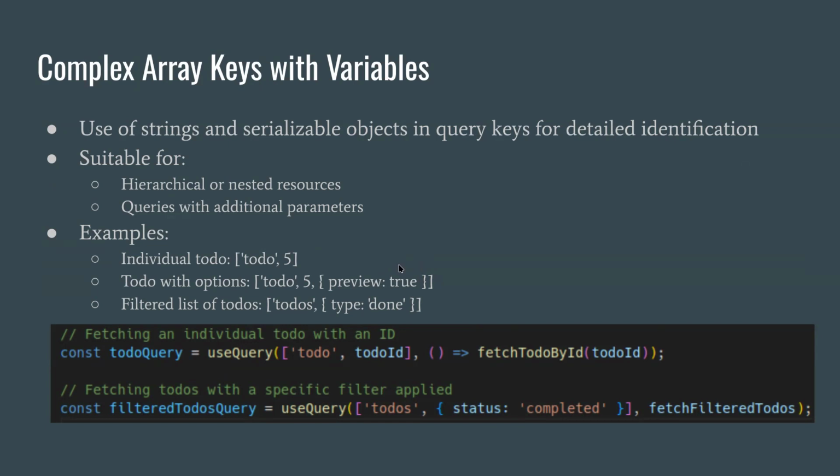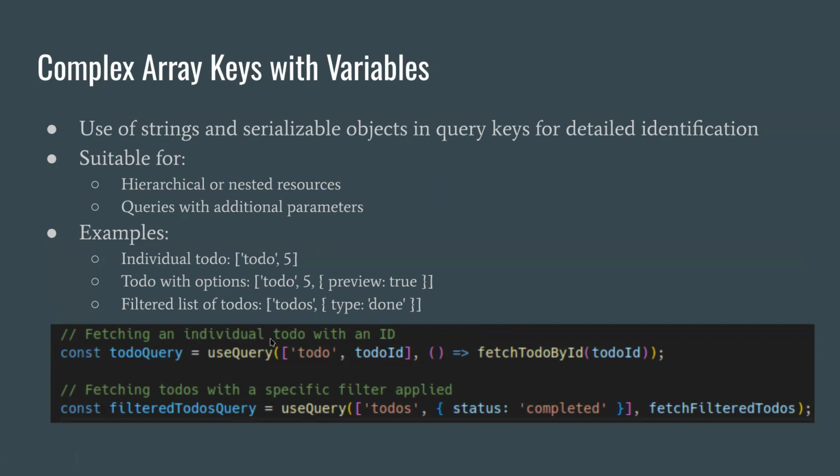This is important for handling hierarchical or nested resources, or when your queries require additional parameters like fetching a specific to-do by its ID or filtering to-dos by their completion status. And these keys allow TanStack Query to precisely manage and cache a diverse range of data queries.